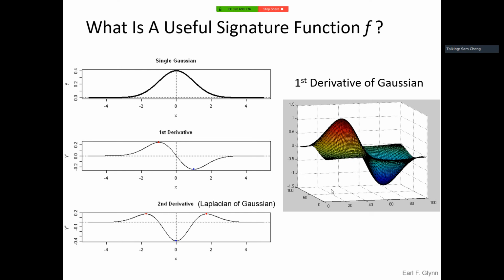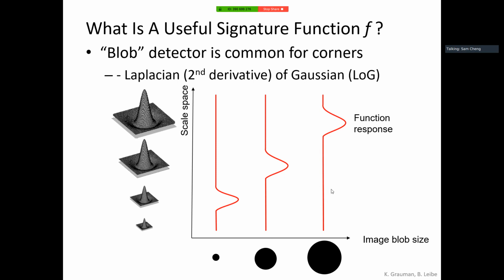SIFT is based on a Laplacian function, more precisely a Laplacian of Gaussian. You have a Gaussian, and you compute the Laplacian, which is basically the second order derivative, so you have a shape like this. You can imagine this as a high pass filter in all directions.